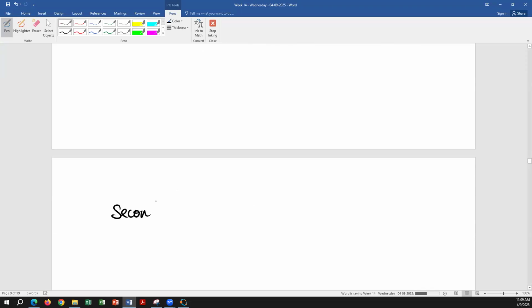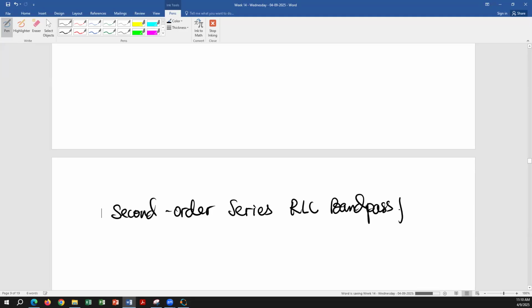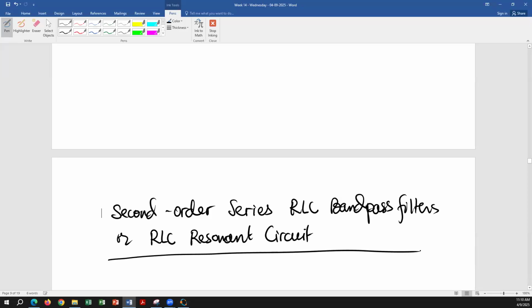So second order series RLC bandpass filters or RLC resonant circuits. So it has two names basically. You can call it a bandpass filter or a resonant circuit, and it's going to be a series one. It comes in both, of course, series RLC or parallel RLC.